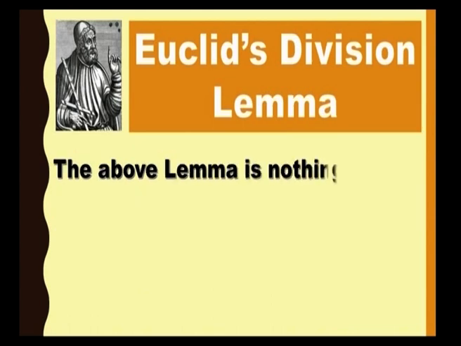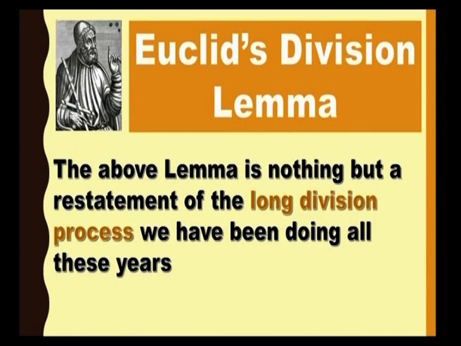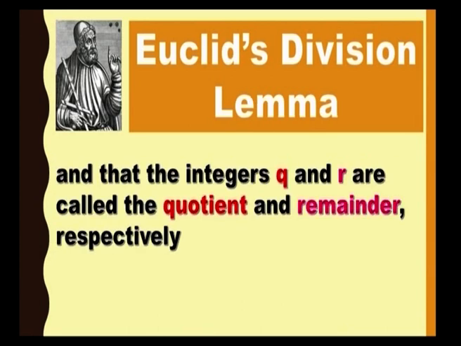So the above lemma is nothing but a restatement of the long division process we have been doing all these years, and the integers q and r are called quotient and remainder.